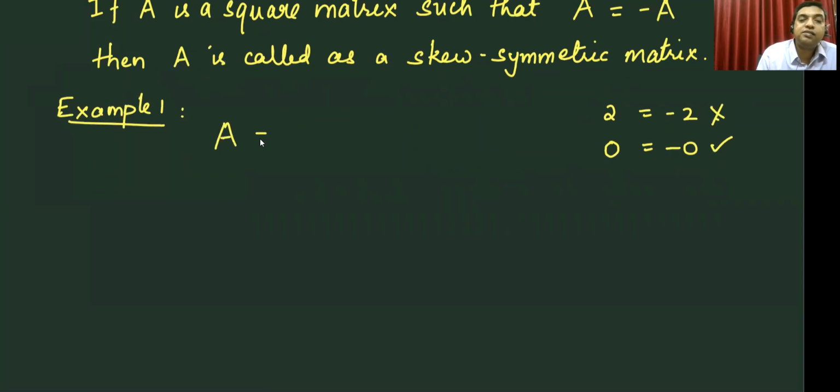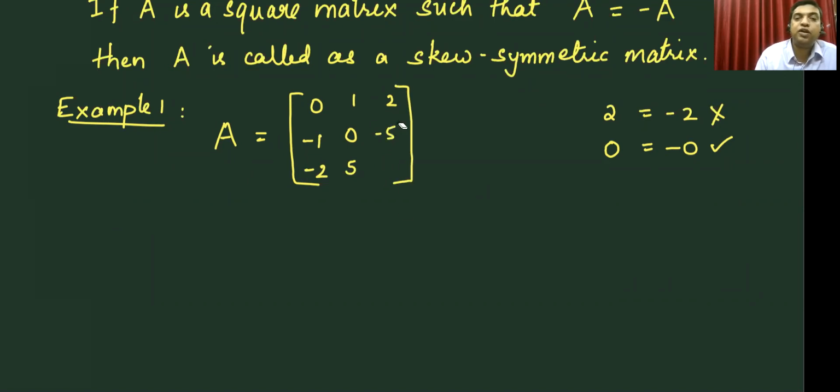Now A is, you observe this, the diagonal elements I am writing 0. And then look at this, 1 minus 1, 2 minus 2, 5 minus 5.